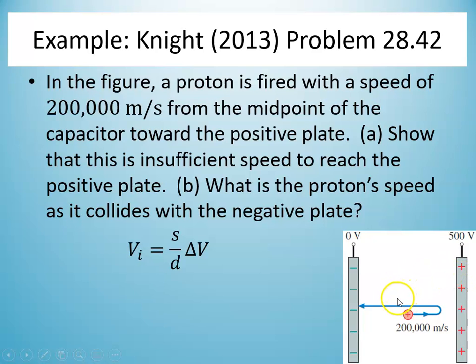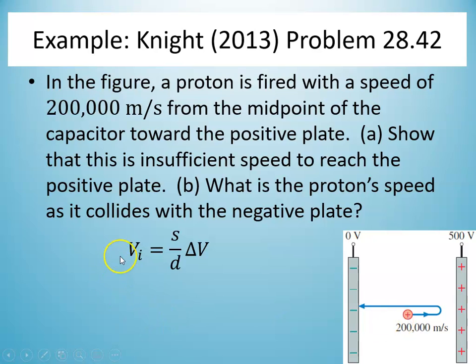So if the change in potential from the negative plate to the positive plate is equal to E times D, where D is the separation distance between the plates, then the change in potential from the negative plate to where we start is going to be equal to E times S, where S is the distance from the negative plate to where we start.